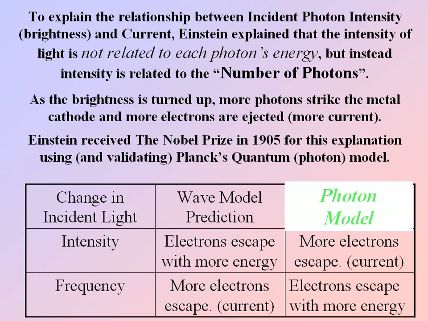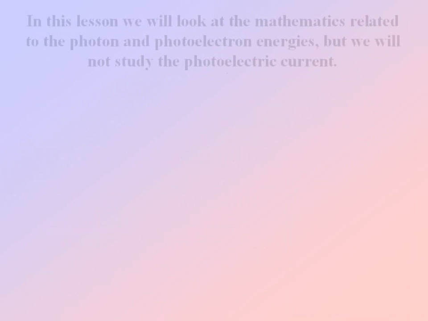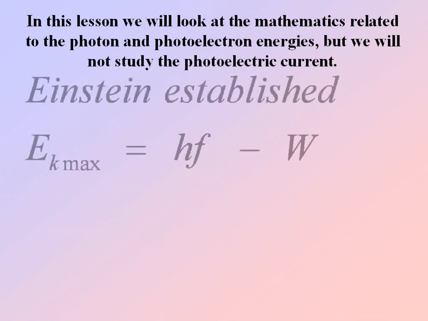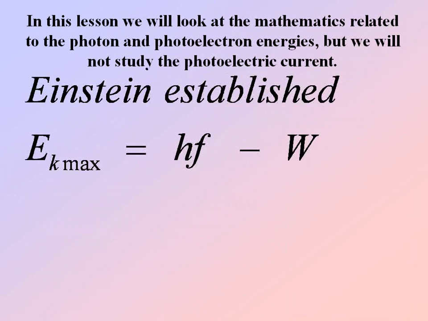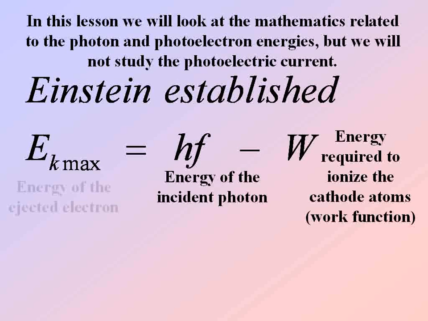Even though Einstein is well known for his E equals mc squared, it was for explaining the photoelectric effect and validating Planck's quantum hypothesis that he received his Nobel Prize. If we look at the work that Einstein did on the photoelectric effect, we see that he established a basic formula that the maximum kinetic energy of the ejected photoelectrons comes from the energy of the incident photon.